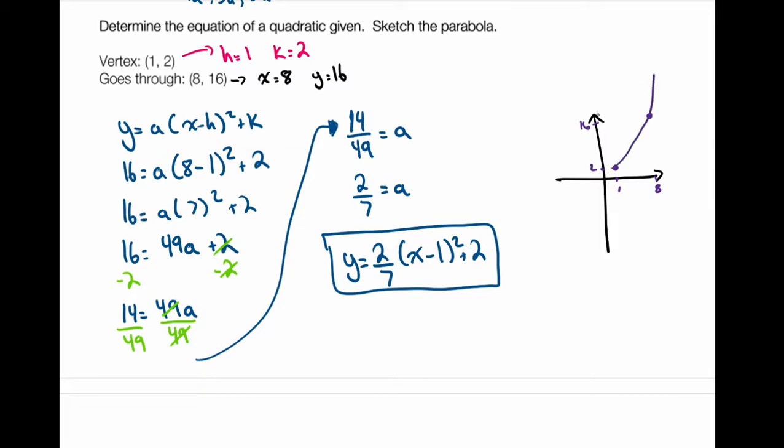So if I roughly graph it like that, I know it opens up because of the a value. So that is roughly what my quadratic looks like. Again, just a sketch, so it doesn't need to be super accurate, especially given the information we have.